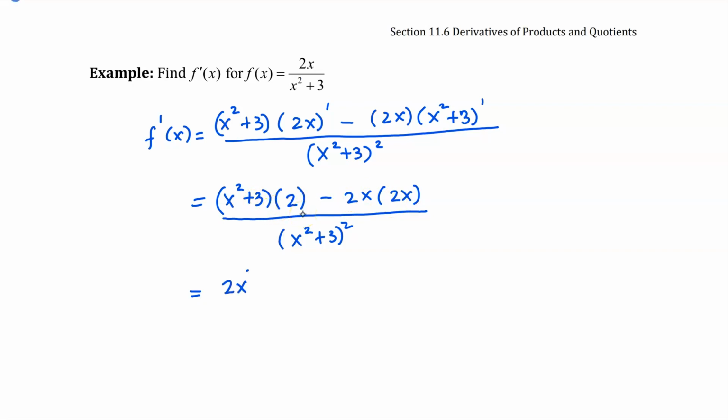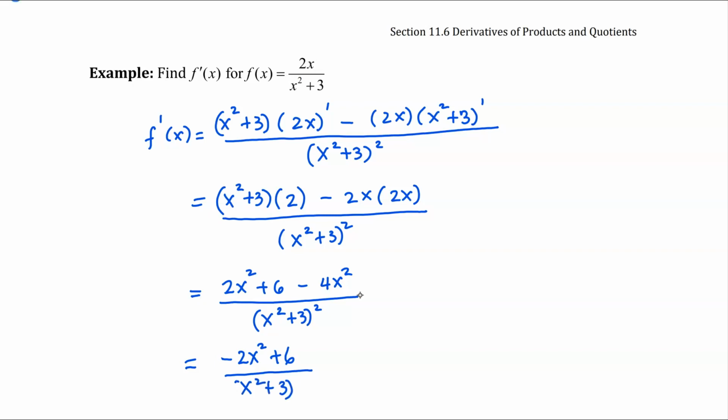So we have 2x squared plus 6 minus 4x squared divided by x squared plus 3 squared. 2x squared minus 4x squared is negative 2x squared plus 6 all over x squared plus 3 squared. And that's the derivative.